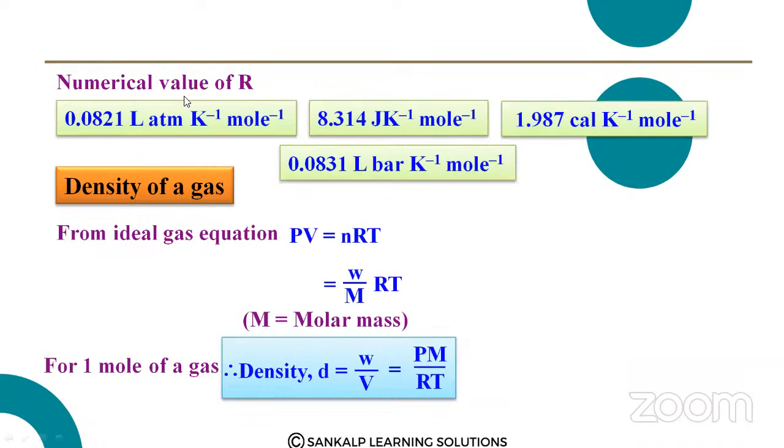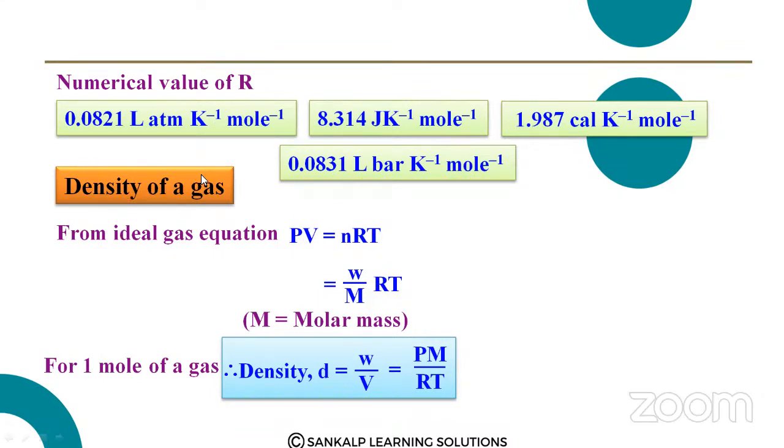Next, what is the value of R? 0.0821 liter atm per Kelvin per mole, then 8.314 joules per Kelvin per mole. These are different types of values for R in different units.